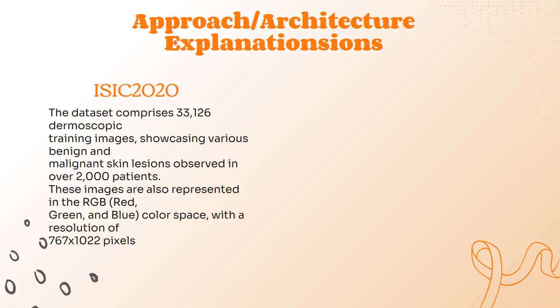The ISIC 2020 dataset contains 33,126 dermatoscopic training images, showcasing various benign and malignant skin lesions observed in over 2,000 patients. These images are represented in the RGB, red, green, and blue color space, with a resolution of 767 by 1022 pixels.